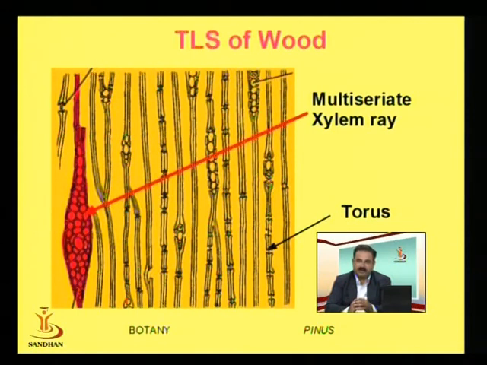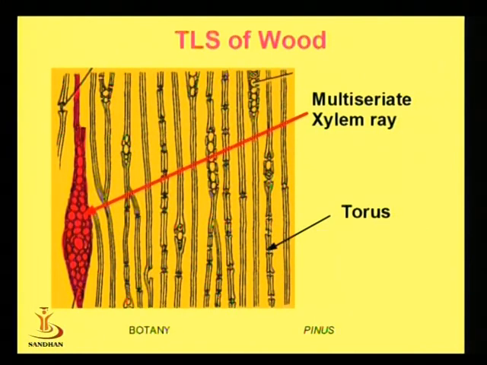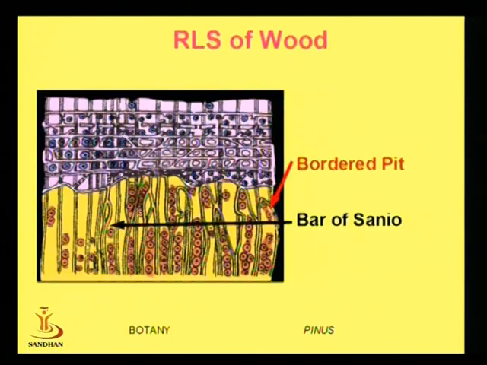The junction of two rays forms a special structure which is known as the torus. The torus alternates with the various uniseriate rays. So in the TLS of wood, one can find multiseriate and uniseriate xylem rays and the torus. Again, the important one is the comparison with the RLS.